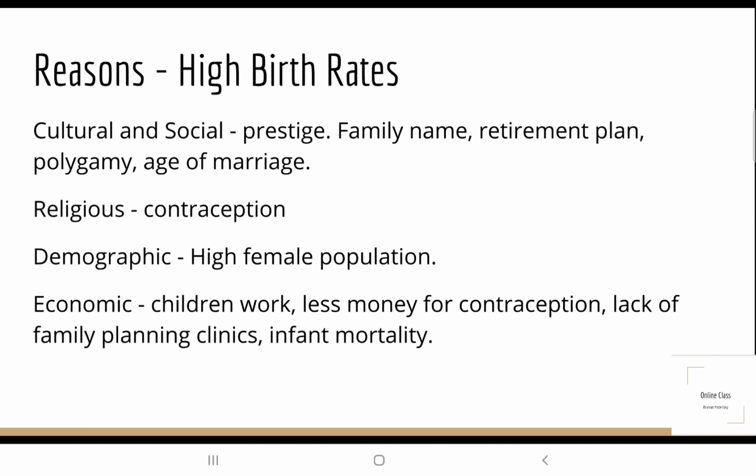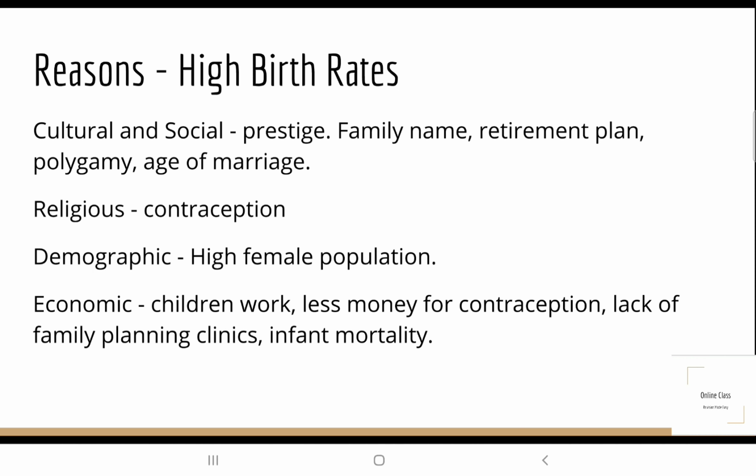Now, some of the reasons for high birth rates. There are cultural and social reasons, one of them being prestige. In many cultures, the more children a man has, the greater his prestige and his social standing in society.